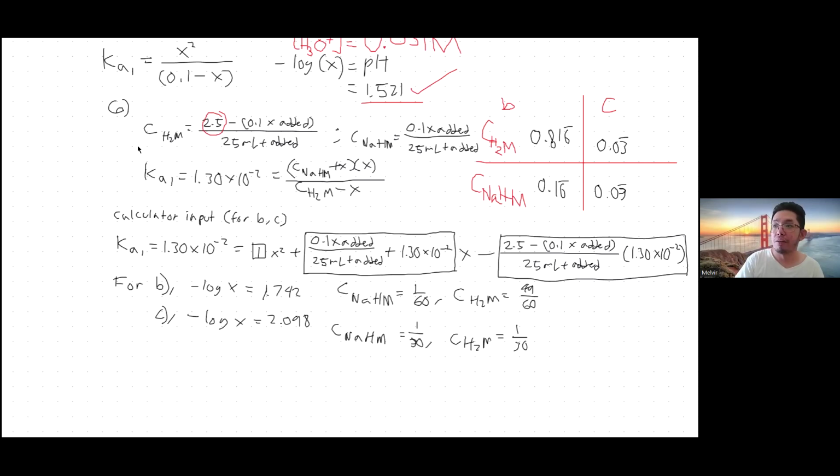Hmm. 1.3 times 10 to the negative 2, okay. Your Ka1. So what should be the value?